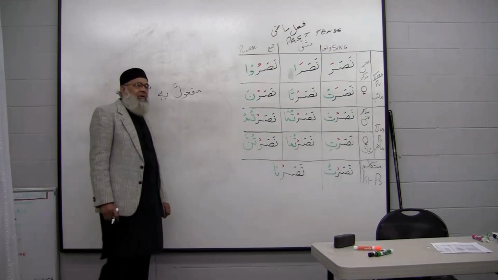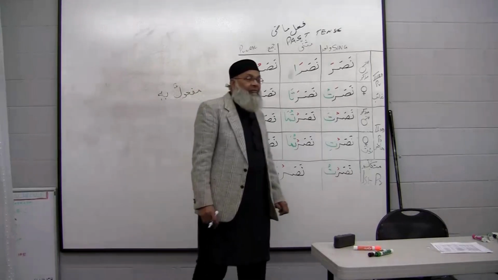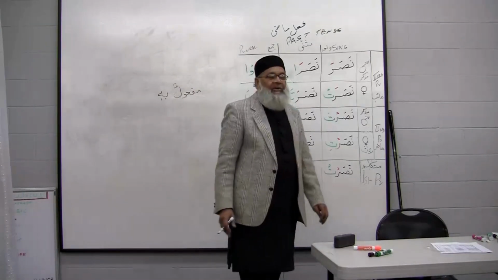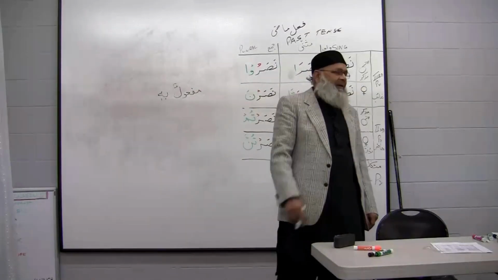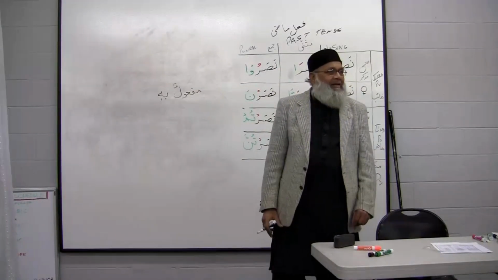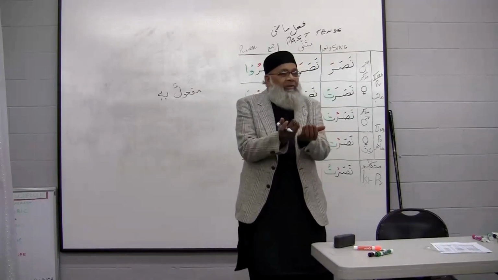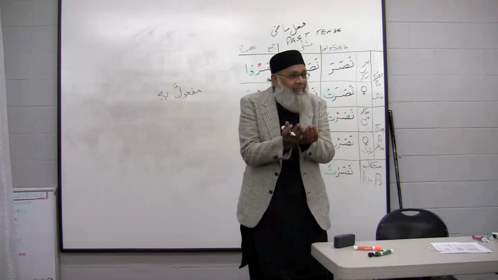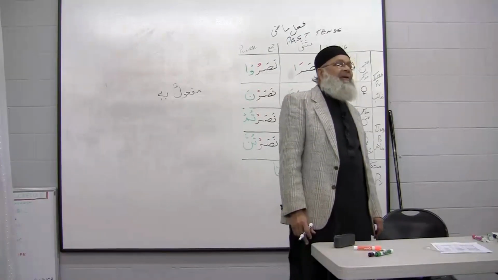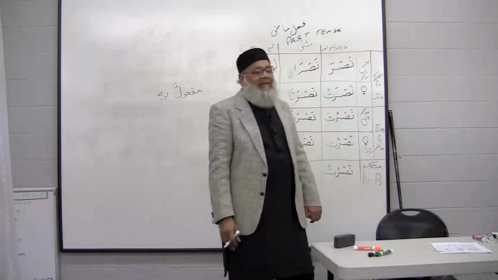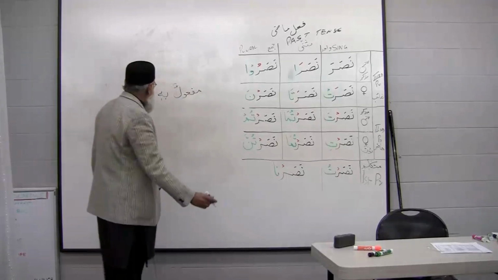I beat him when he was sitting. Instead of saying in a long sentence when he was sitting or while he was sitting, what will the Arab do? Simply, qa'idan, the sitter, will be brought in the nasab form, and that will be the indication of while he was sitting. This is called maf'ul hal.